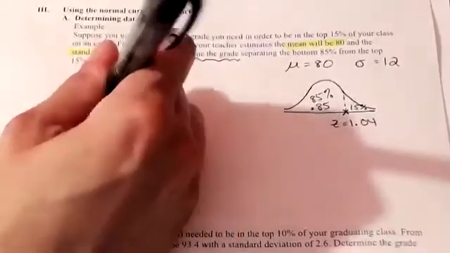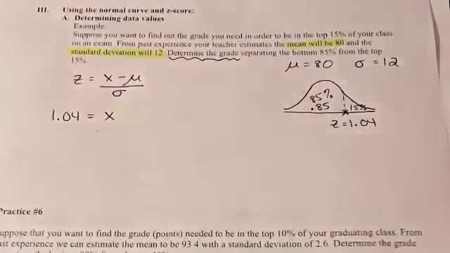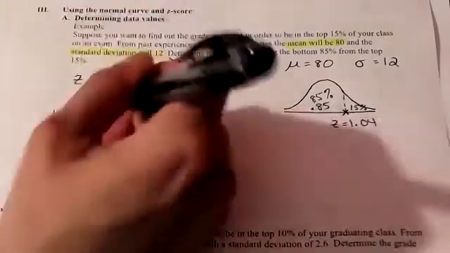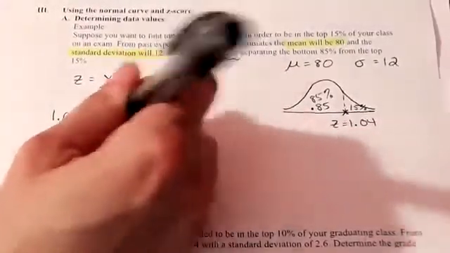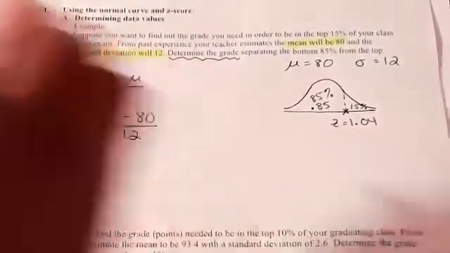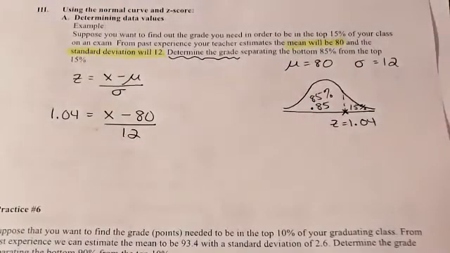We don't know the grade that's associated with that z-score, but we do know the mean and we do know the standard deviation. For any of these particular problems, because the z-score formula has 4 variables, as long as you know any 3, you can solve for the 4th.